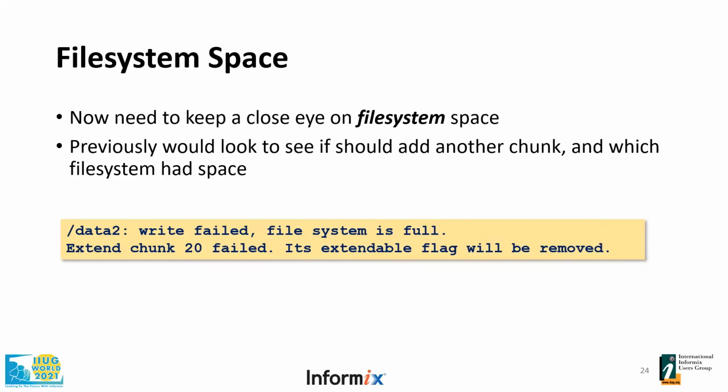If now, instead of doing that, you're relying on the automatic extending of spaces, then unless you're keeping a close eye on your file systems, you're going to find that all of a sudden they fill. Now you're stuck with a file system that's 100% used. Sysadmins would be like, what are you doing? We don't want to go over 90% used on any spaces or anything.